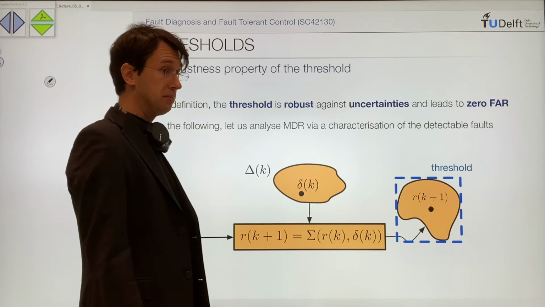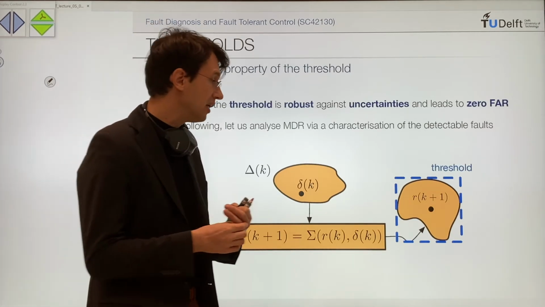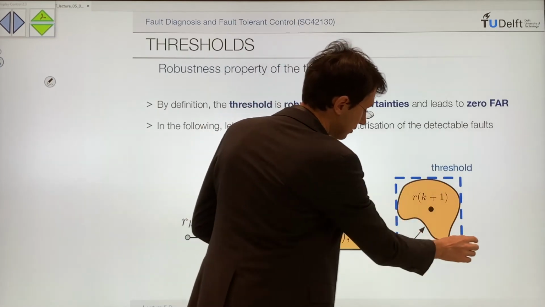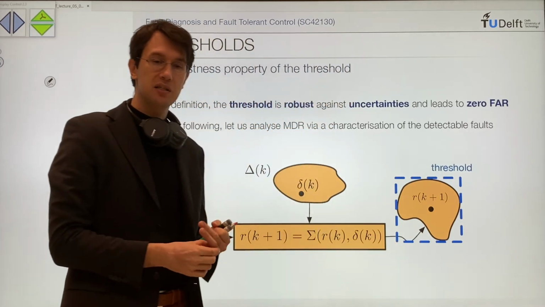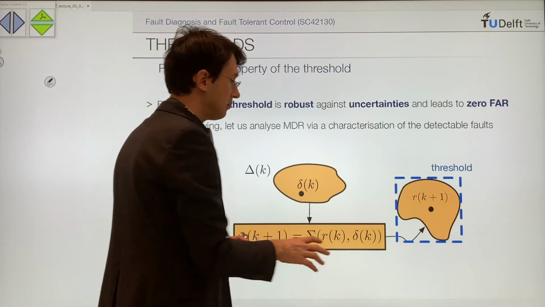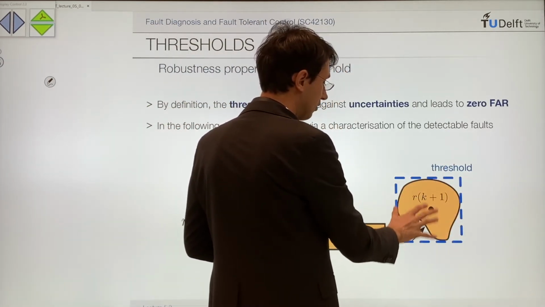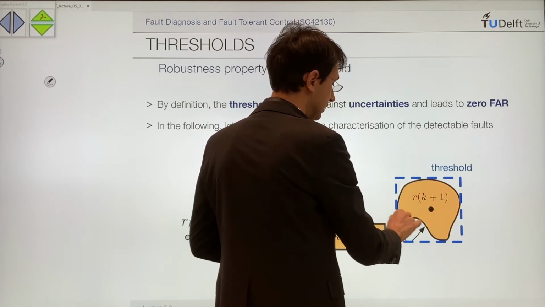Why a rectangle? Because we are bounding components individually. So we are bounding, in this example, in 2 dimensions, the horizontal and the vertical component of R separately. So if you remember what we have seen in one of the previous lectures, this amounts to getting a rectangle. But this rectangle, by construction, is containing these.